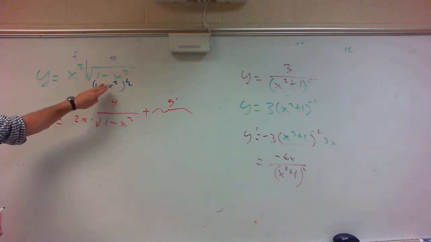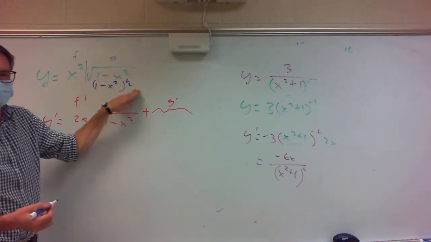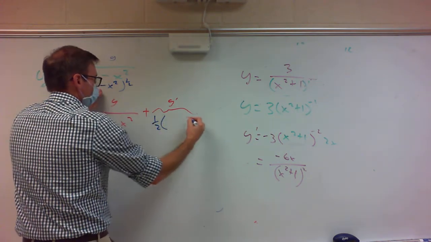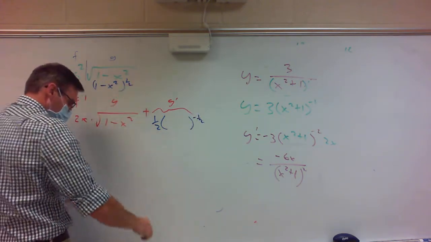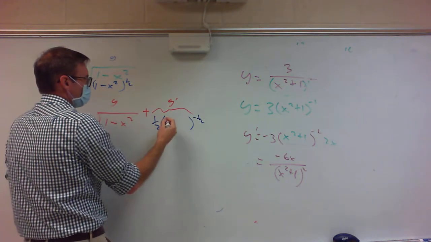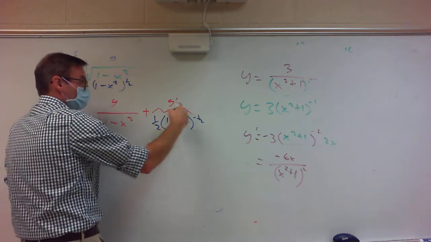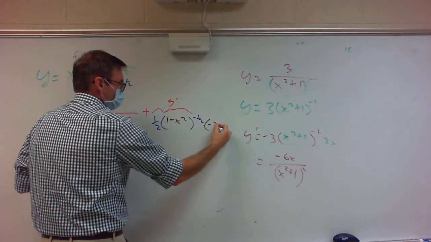And when I look at this, I see that I have stuff to the 1/2. And since I see that I have stuff to the 1/2, that's going to give me 1/2 stuff to the negative 1/2, right? Because I got to subtract 1. So this gives me, my stuff is 1 minus x squared. I said the word stuff, so I need to take the derivative of this. So it's going to give me a times negative 2x.